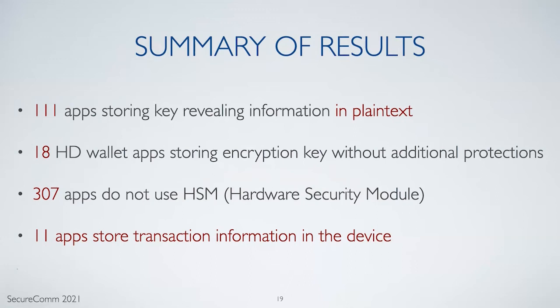In most cases, the encryption key is stored in the device, or apps are using a user-provided 4 to 6 digit PIN as the encryption key, which is easily brute forceable. 307 apps are not using HSM, the best-in-class security storage solution available in Android. 11 apps are storing transaction information in the device, which may lead to de-anonymization.